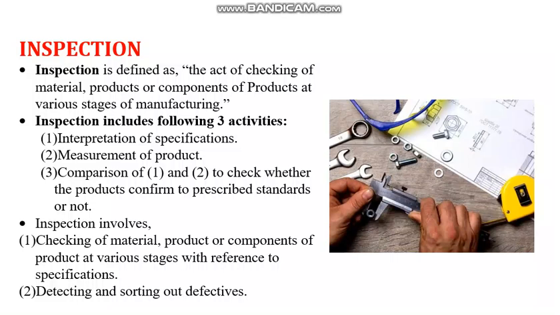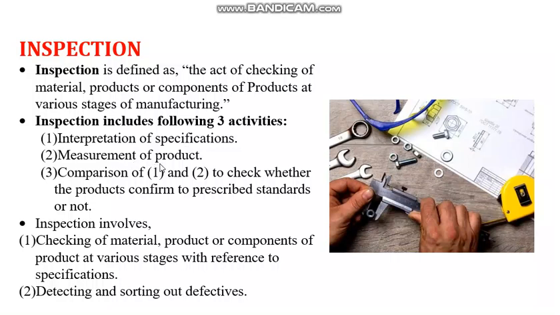So the inspection is the act of checking of materials, products or components at various stages of manufacturing. And it has three stages, three activities. One is depending upon the design specifications, you have to understand and interpret those specifications.